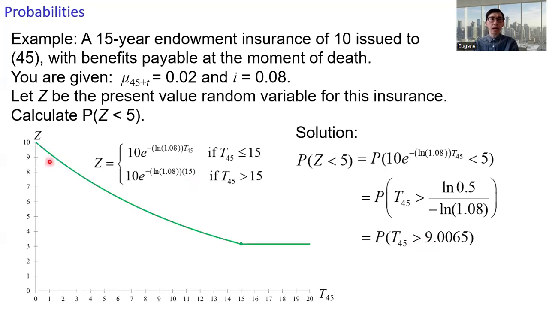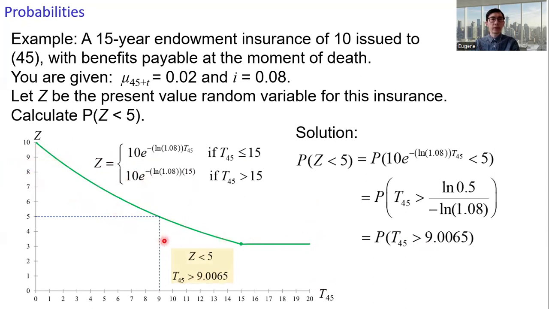And this is the diagram relating Z and T45. Z is a monotonically decreasing function. All right, Z is less than 5. That is the upper portion of the graph.